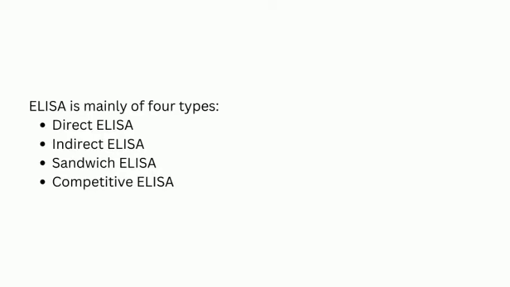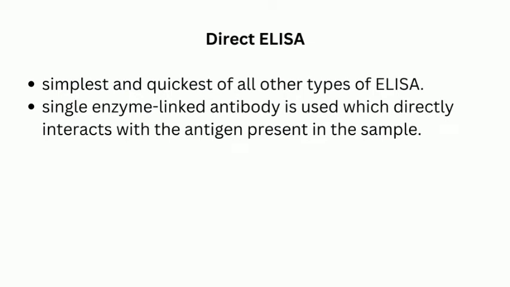The first is direct ELISA, which is the simplest and quickest among all types of ELISA. A single enzyme-linked antibody is used which directly interacts with the antigen present in the sample.